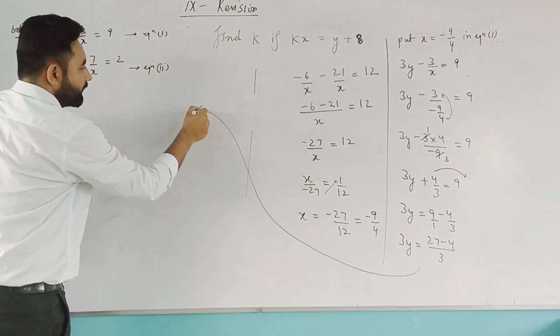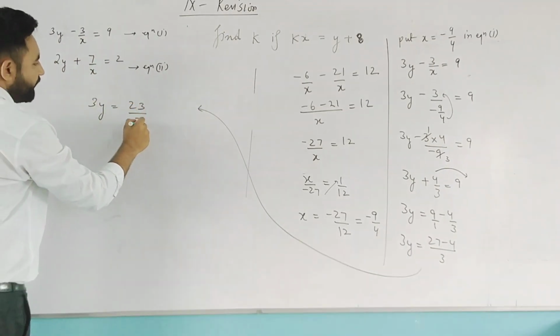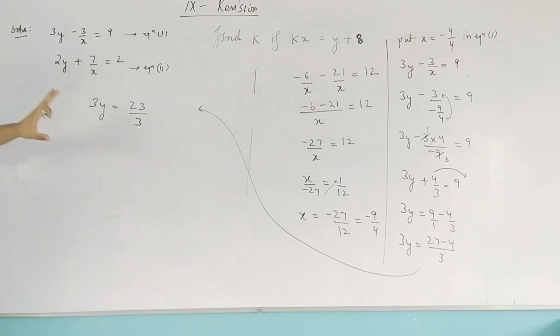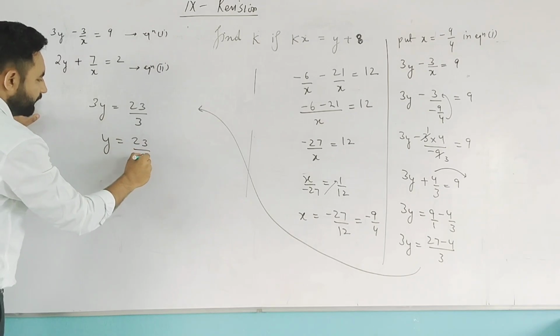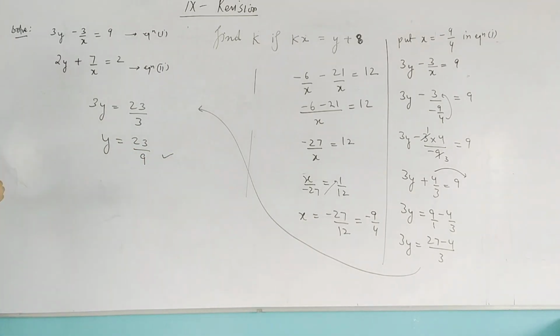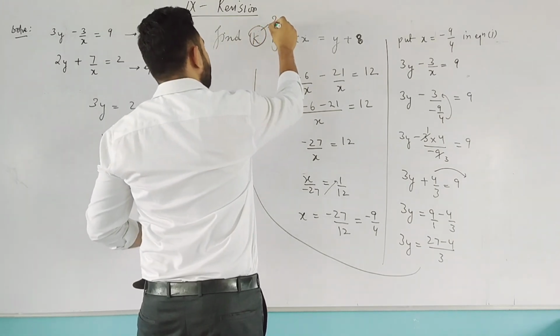Now, we need to find the value of y. 3y equals 27 minus 4, which is 23. So y equals 23 by 3 into 3, that is 9. So we have calculated the value of x as well as y.